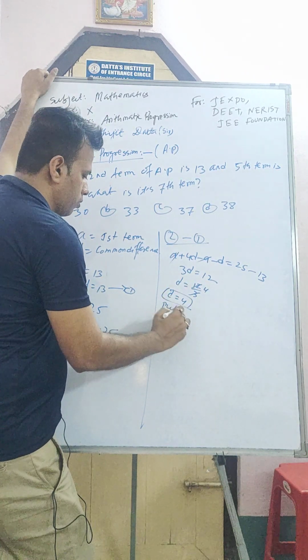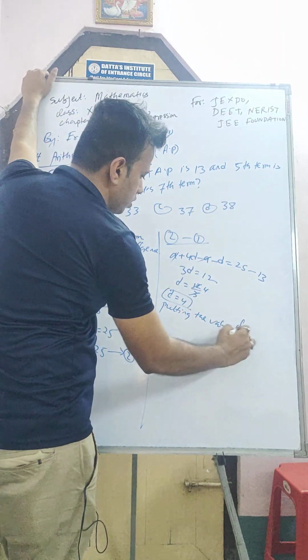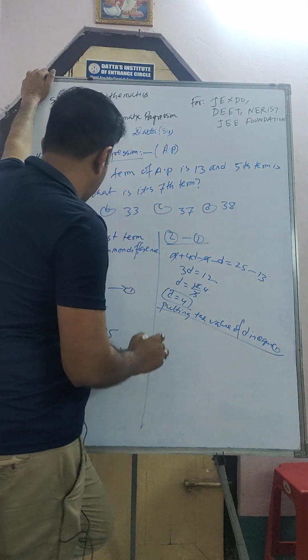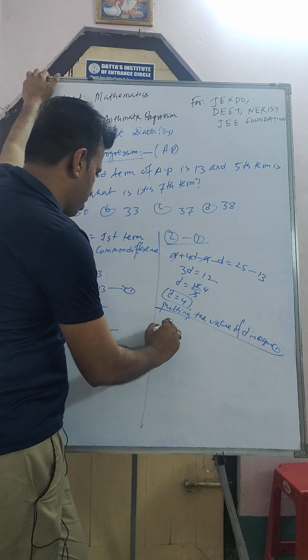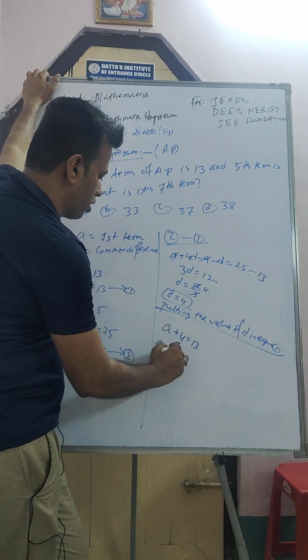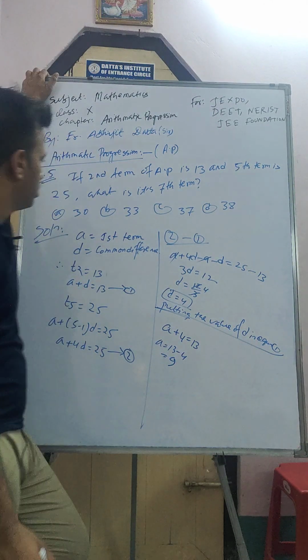Now putting the value of D in equation 1. So what we will get? We will get A plus 4 equal to 13. So A equal to 13 minus 4. So it will be 9. Okay.